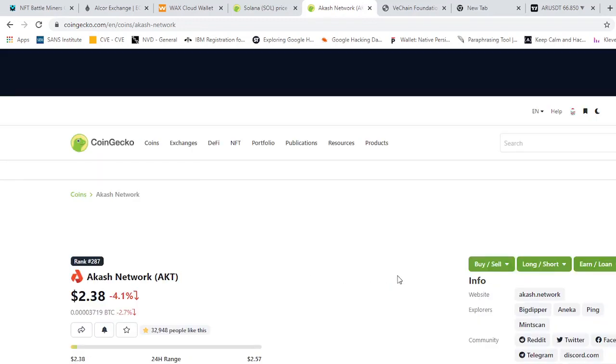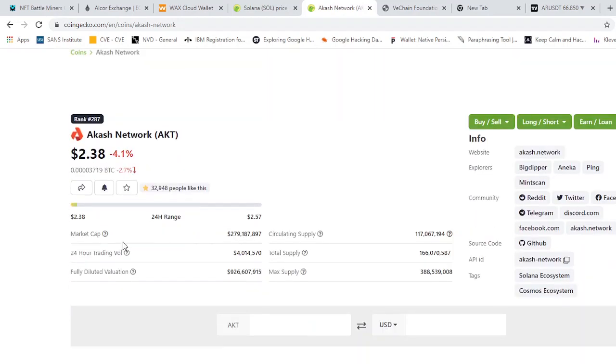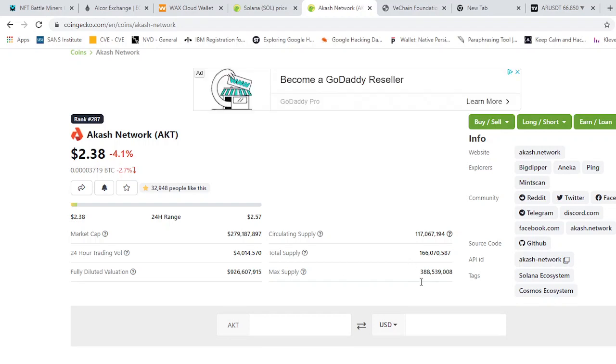Doing the same thing, look at the market cap, total supply, max supply. The smaller the market cap, the bigger the chance that it has to do those big 1,000x's, etc. You go to the website and you check it out, and that is what you do.